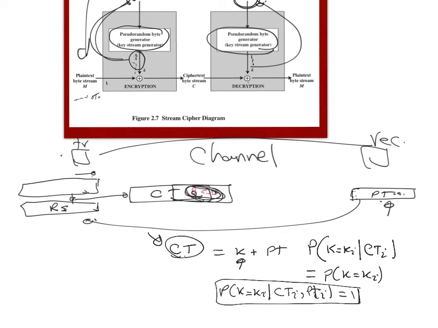So why? Because if you know the plain text that corresponds to one cipher text, only one, what is the key? It's actually CTi XORed with PTi. Only one.